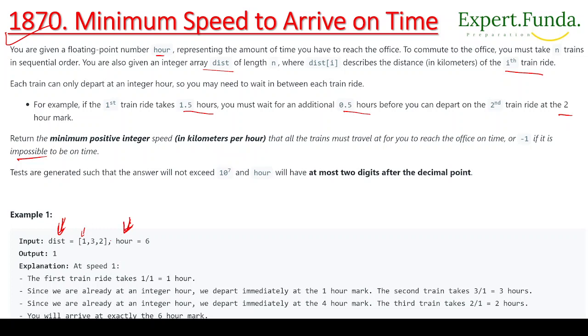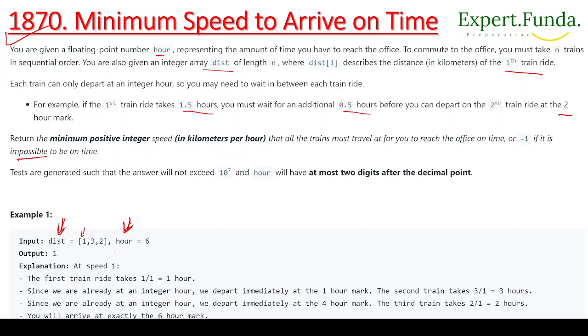So hour is a decimal number representing the amount of time we have, and we need to return the minimum positive integer speed that is required. One more constraint we have is that each train will depart at an integer hour.